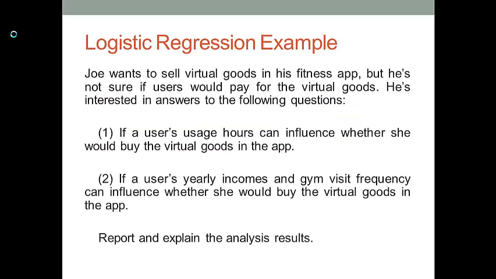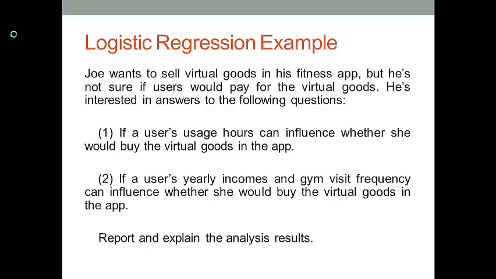Joe wants to sell virtual goods in his fitness mobile app, but he's not very sure if users would pay for the virtual goods. By the way, in-app sales is a very popular business model for mobile development.